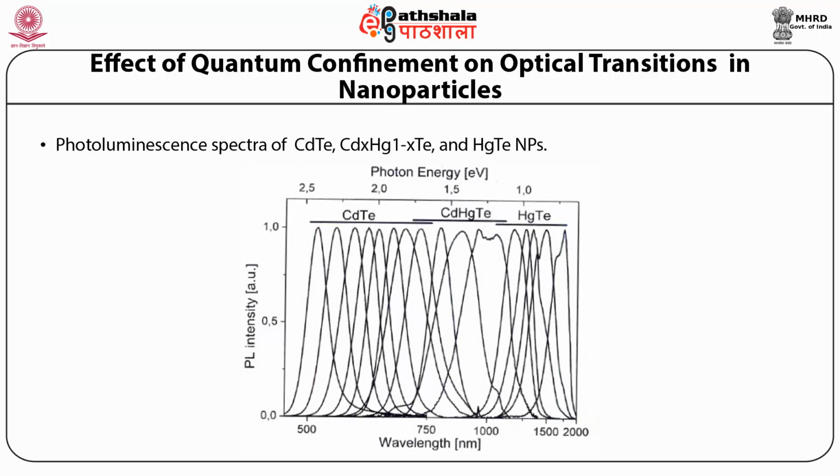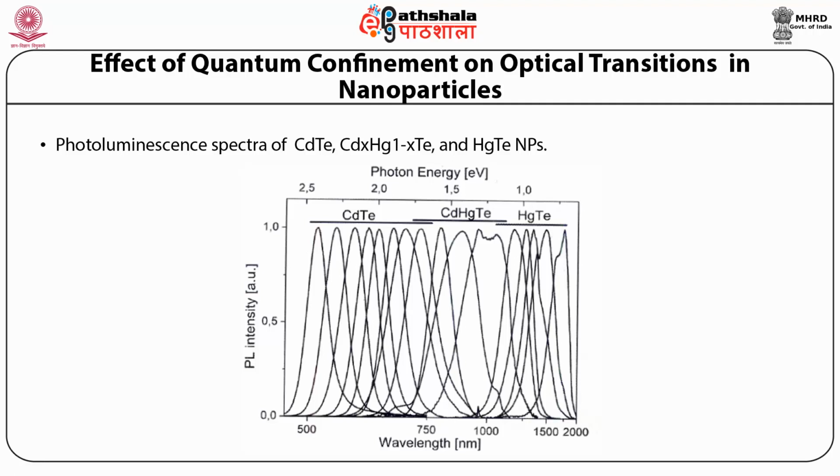So, this figure shows the photoluminescence spectra of cadmium telluride, cadmium(x) mercury(1-x) telluride, and mercury telluride nanoparticles. It is interesting to note that optical transitions for the entire spectral range from 500 to 2000 nanometers can be obtained by varying the size and composition of the nanoparticles.